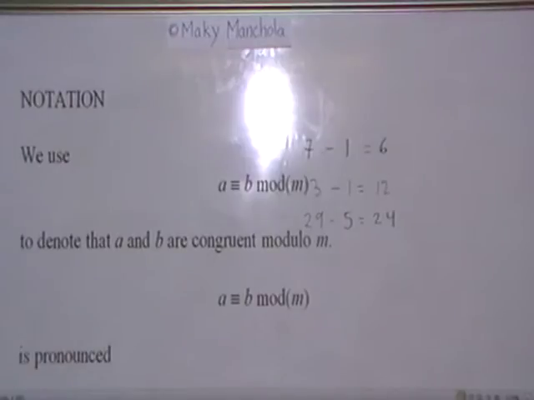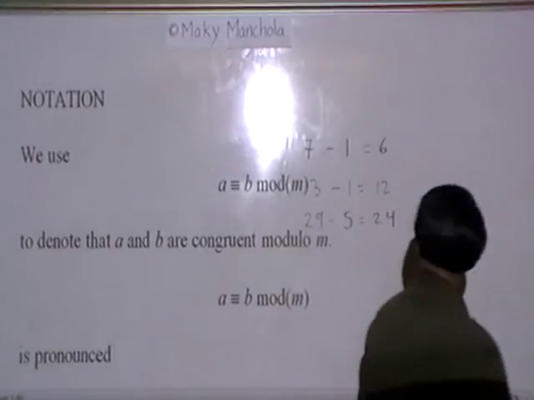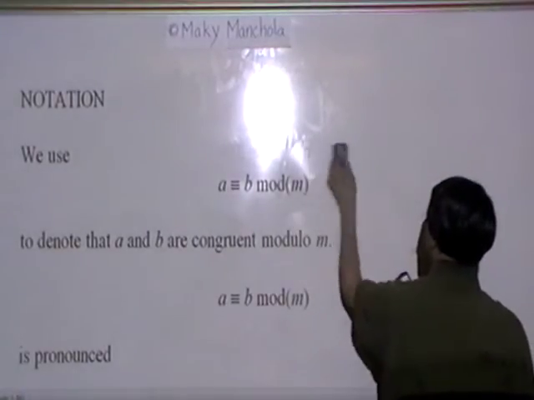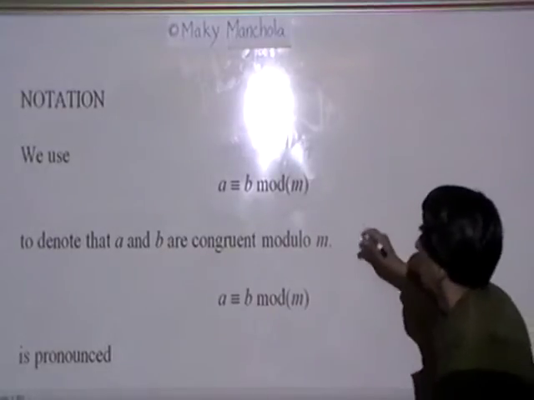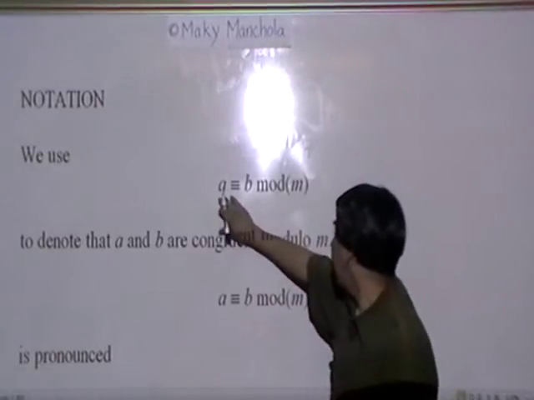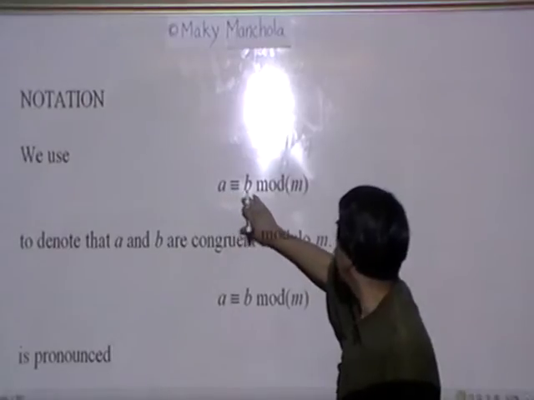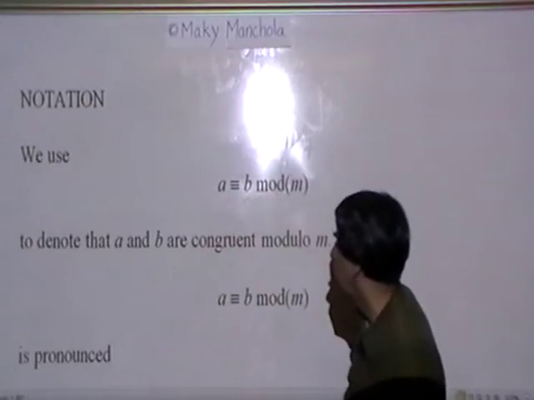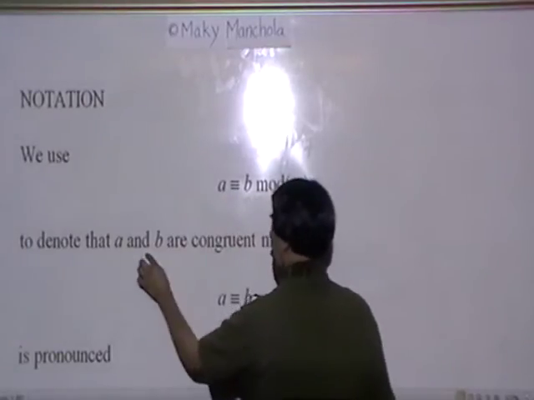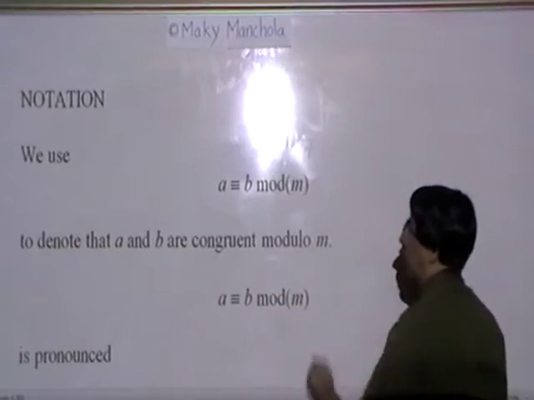Let's look at some notation. We use a is congruent to b mod m to denote that a and b are congruent modulo m.